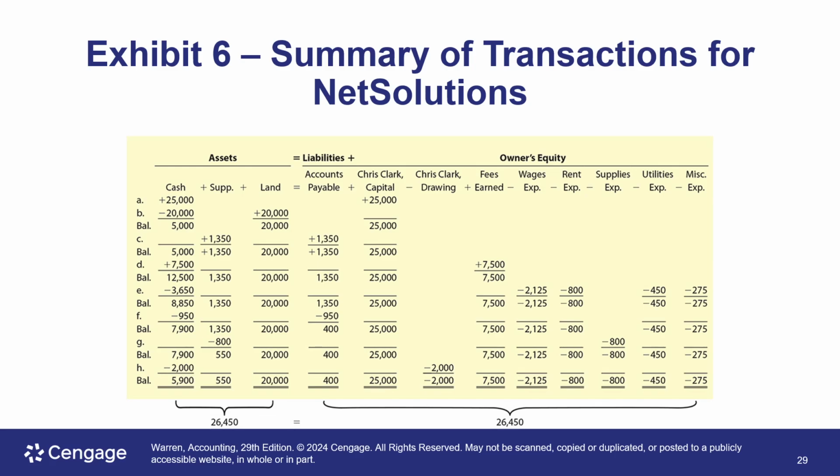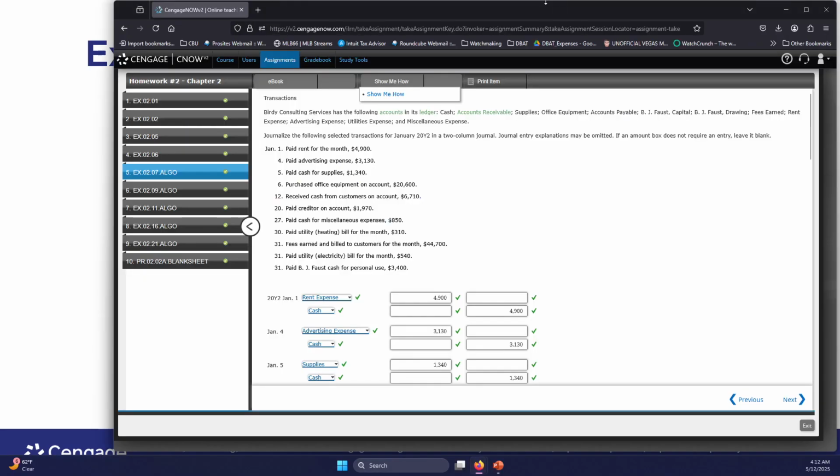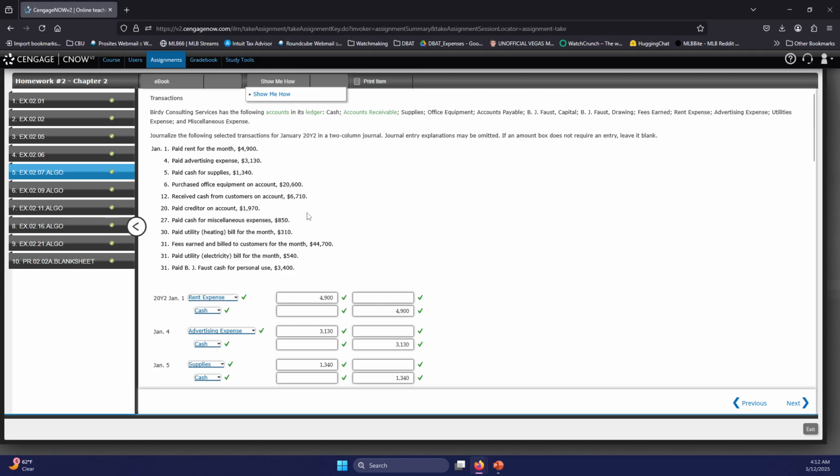So let's pull up Cengage right here and look at a couple of these transactions for problem 5 on your homework. Now your numbers might be different, but the concept will be the same, right? So on January 1st, we paid rent for the month for $4,900. So we have a debit, it's on the left-hand side, to rent expense for $4,900, and we have a credit to cash for $4,900.